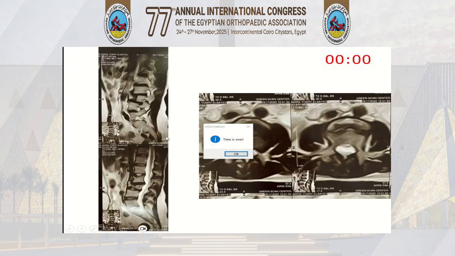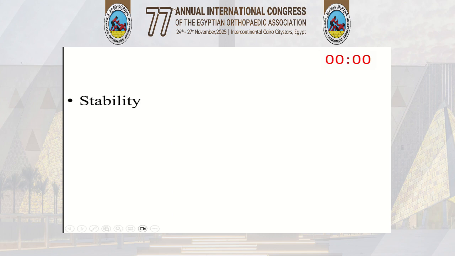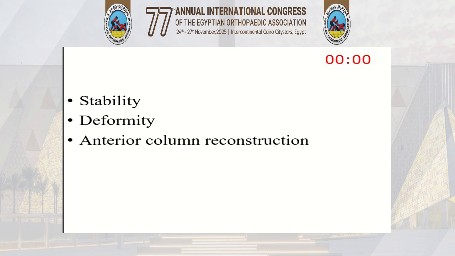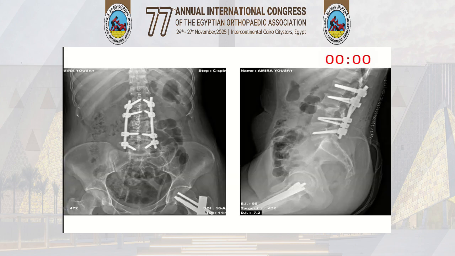So the first way is to achieve stability, to treat the deformity, and to reconstruct the anterior column. It was not difficult to correct the kyphosis through two simple osteotomies. Ponte, just 2 Ponte osteotomies.